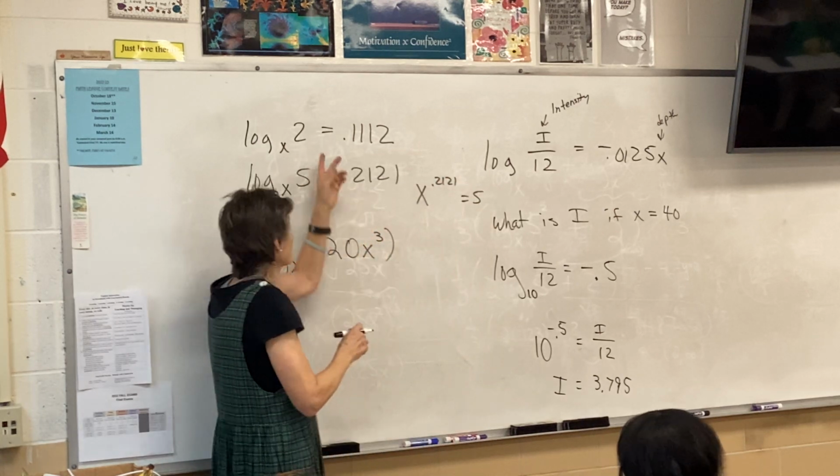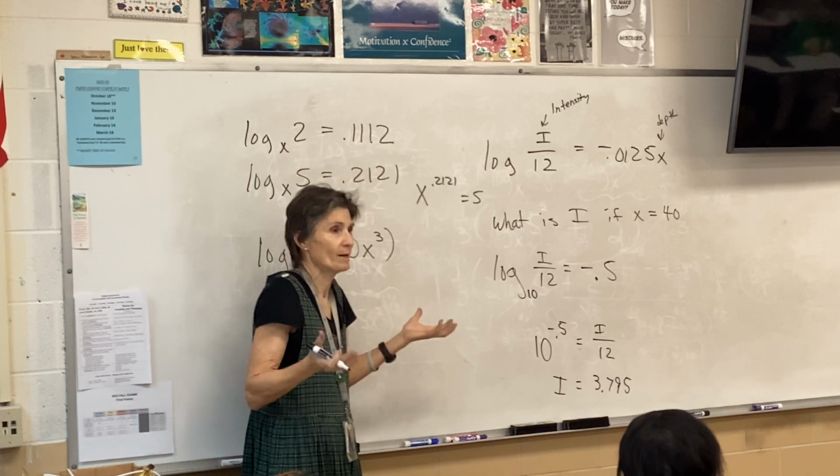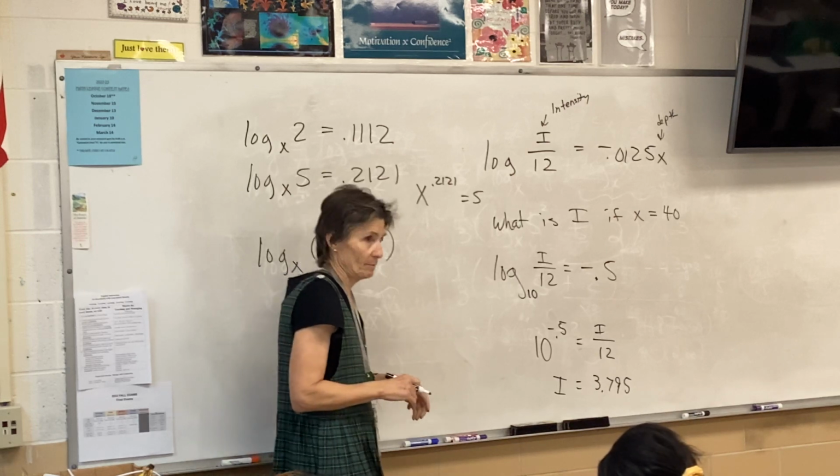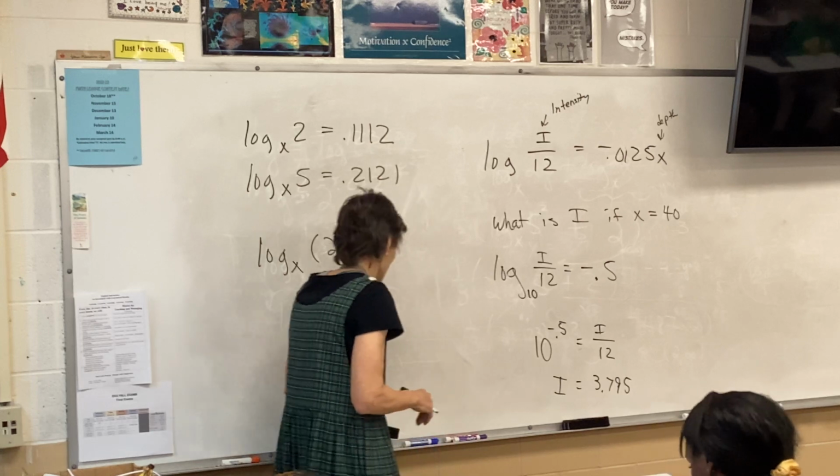The problem is, these are made up numbers, so when you try to make them work in your calculator, it's not going to work, because I made them up. Okay, I see what you're saying now.